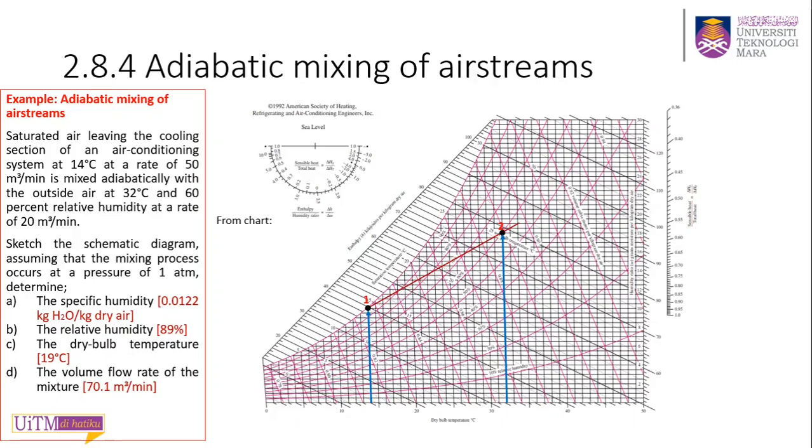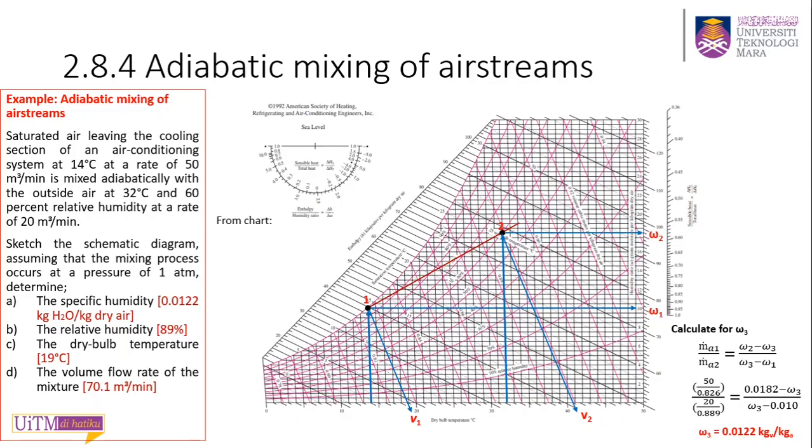Read the values for specific humidity at state 1 and state 2. Don't forget to read for specific volume at state 1 and state 2. Now, using the ratio equation, we can calculate for specific humidity at state 3.